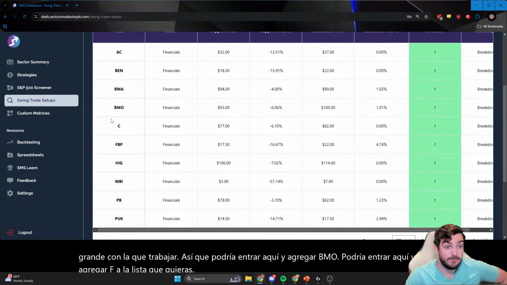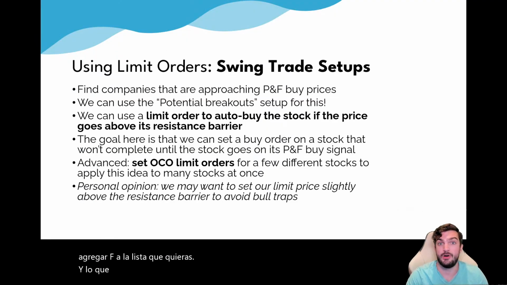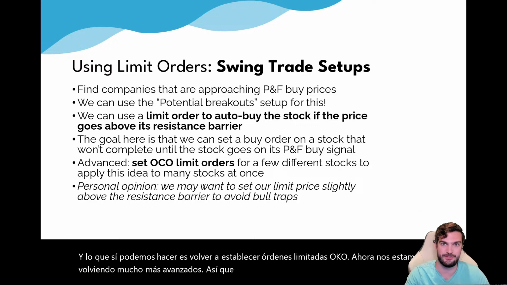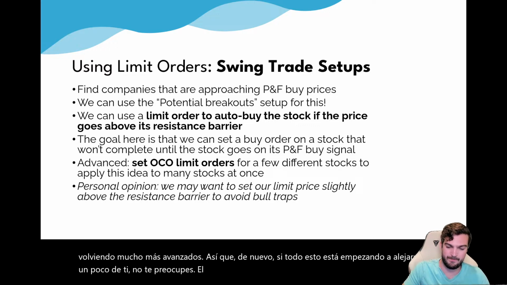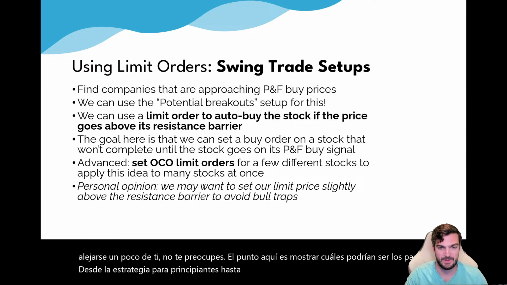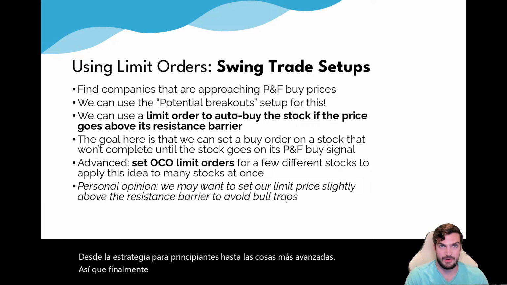And what we can do is set OCO limit orders. Again, now we're getting much more advanced. So again, if all of this is starting to run away from you a bit, don't worry. The point here is to show what the steps might be from the beginner strategy all the way up to the most advanced stuff. So finally, with these different companies, we can set limit orders for all of them.